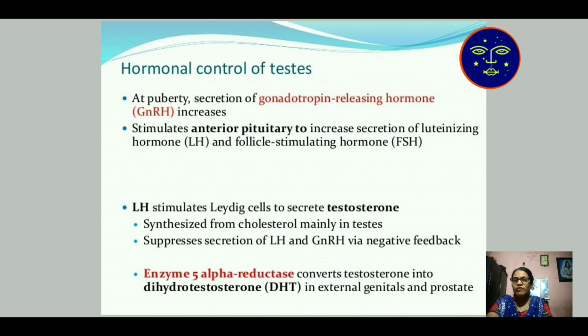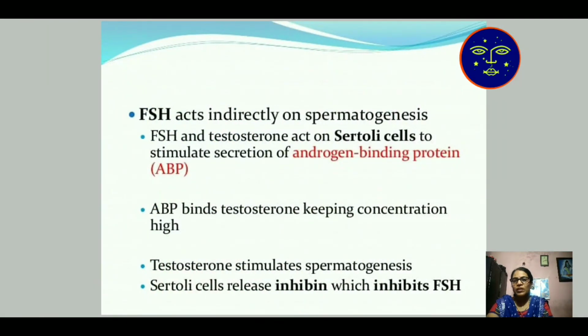LH and FSH are both very important hormones which control the process of spermatogenesis. FSH acts indirectly on spermatogenesis and acts on the Sertoli cells to stimulate the secretion of androgen-binding protein. Androgen-binding protein binds testosterone and keeps its concentration high.